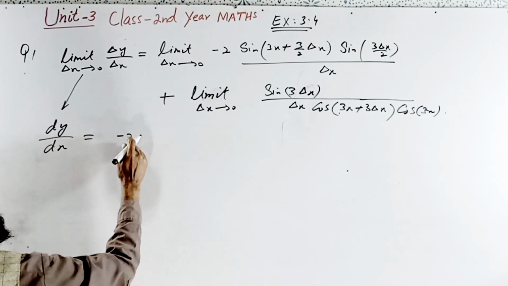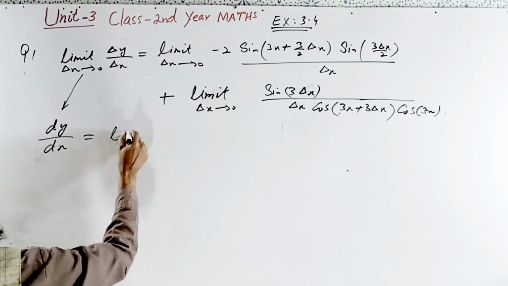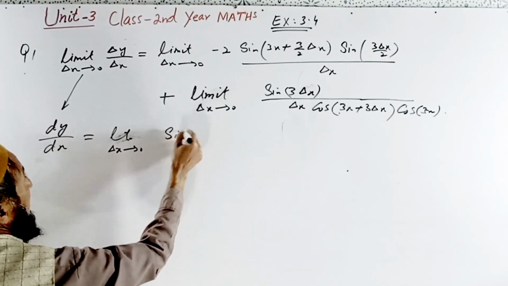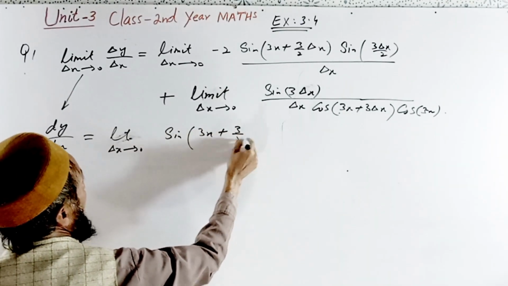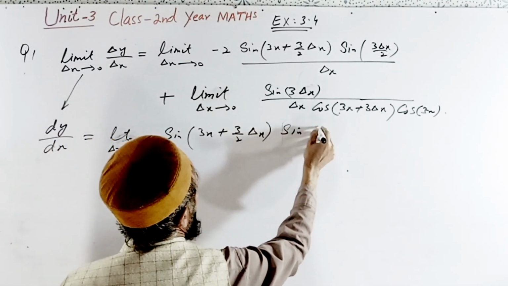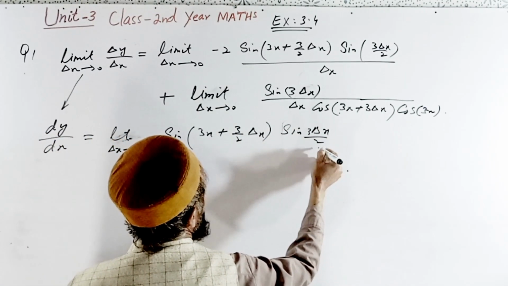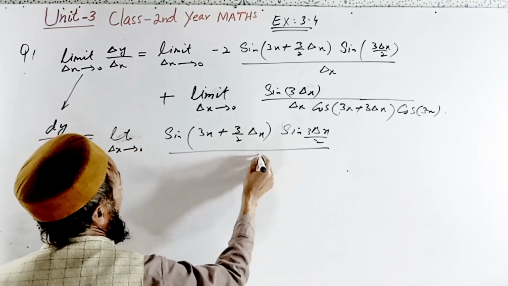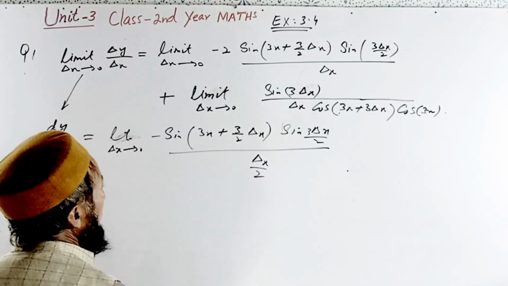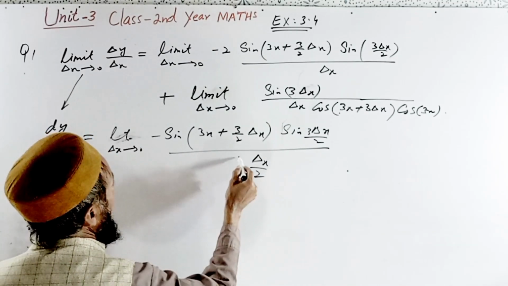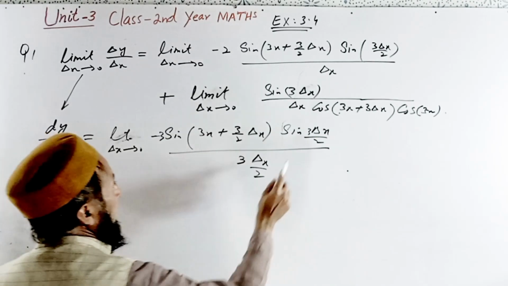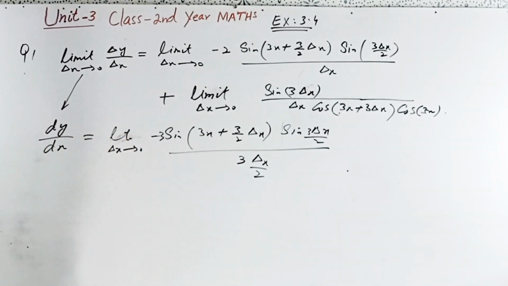Minus 2 sine, limit delta x tends to 0, sine 3x plus 3 divided by 2 delta x, and sine 3 divided by 2 delta x; this 2 we can write as minus and divided by 2, and also we multiply by 3, so both are cancelled and this term will be the same as delta x.